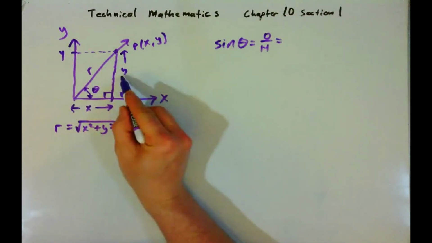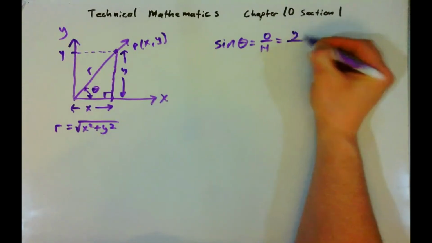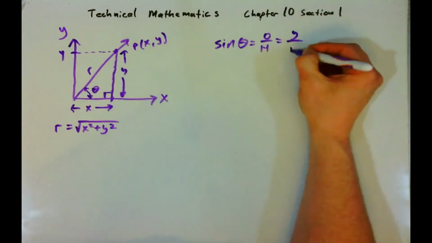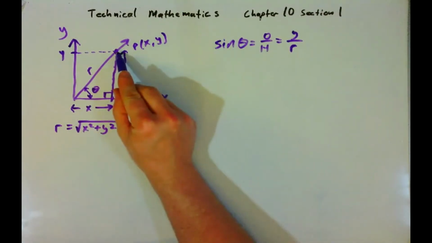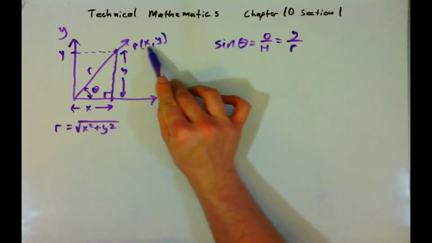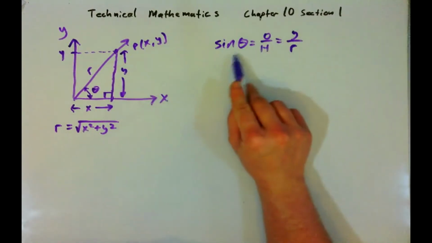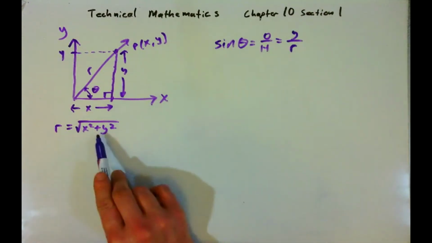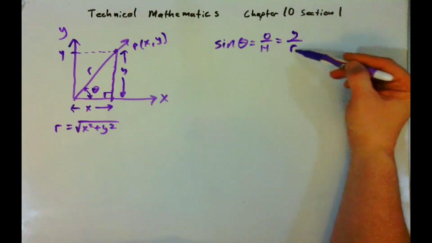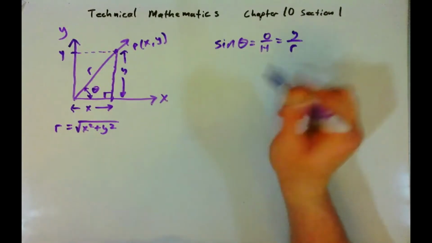And if you look at theta, the opposite side is y. The hypotenuse is r. Okay, and so if we have some angle in the coordinate plane, and we know that it passes through some point, when we know the xy points, we can determine the sine of theta because we know y. We can find r by using the Pythagorean theorem, and when we divide y by r, we get the sine of that angle.